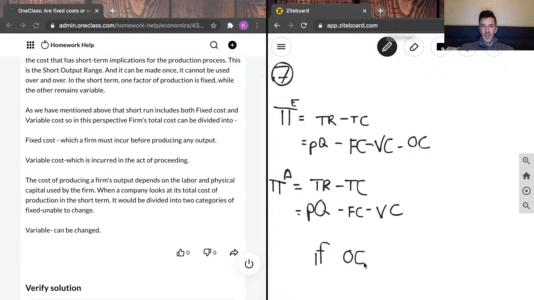So if opportunity costs equal 0, then we can say that economic profits are equal to accounting profits.